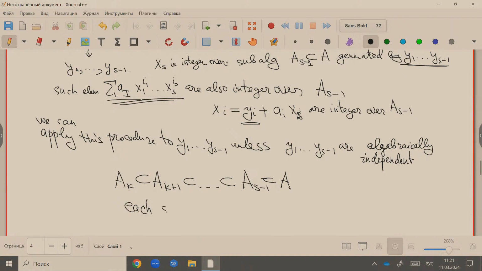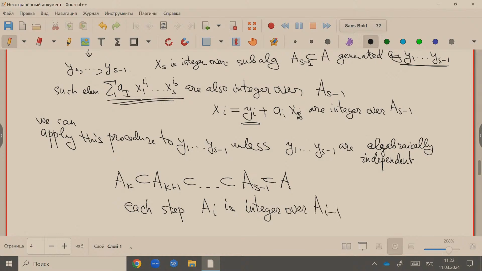So at each step, Ai is integral over Ai minus 1.